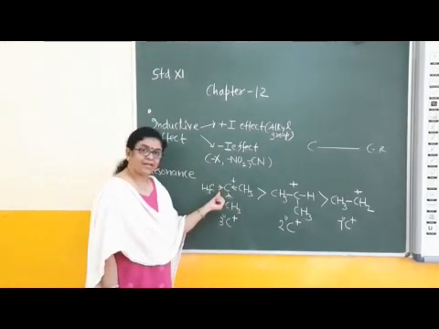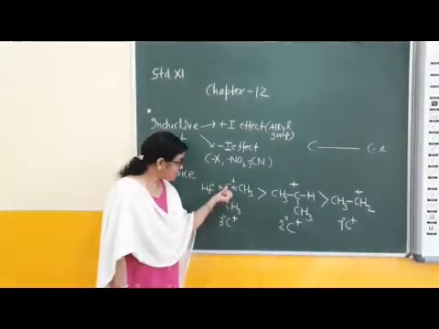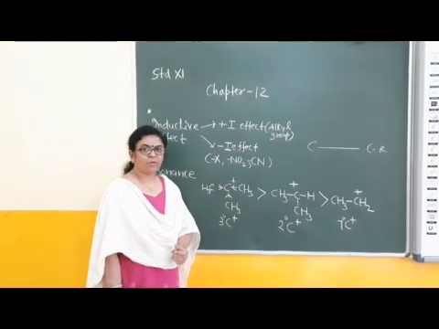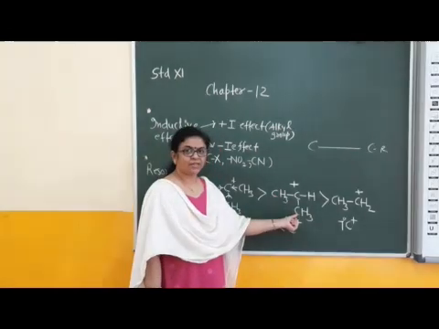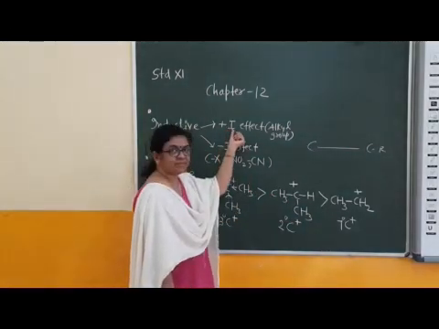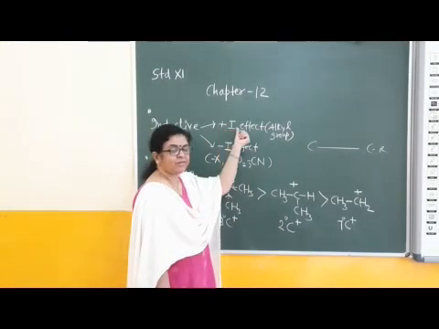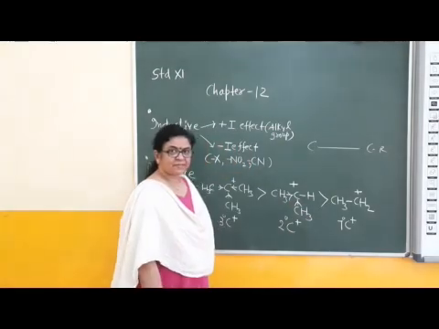And this electron donating effect provides more stability to this carbocation. In secondary carbocation, only 2 alkyl groups are present, so plus I effect is shown by 2 alkyl groups.